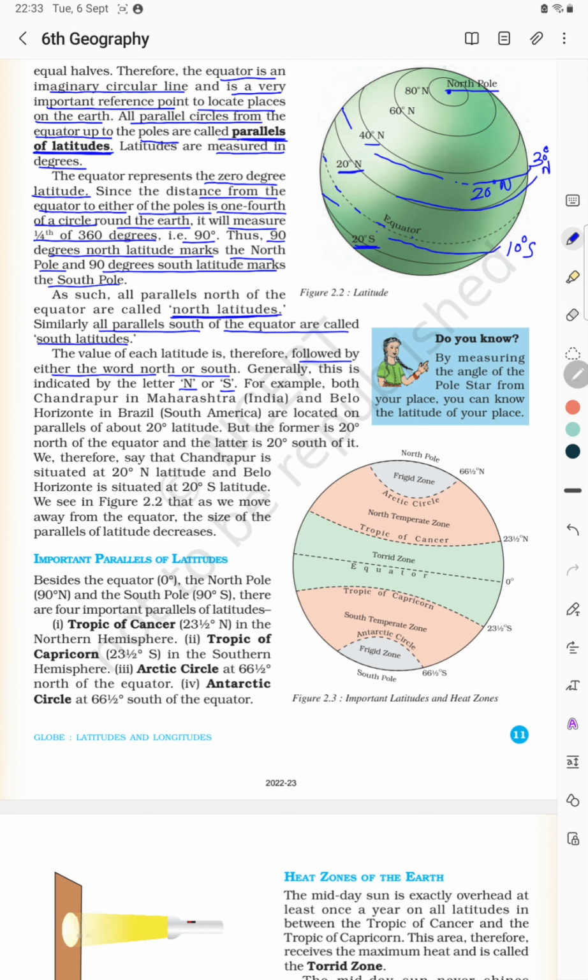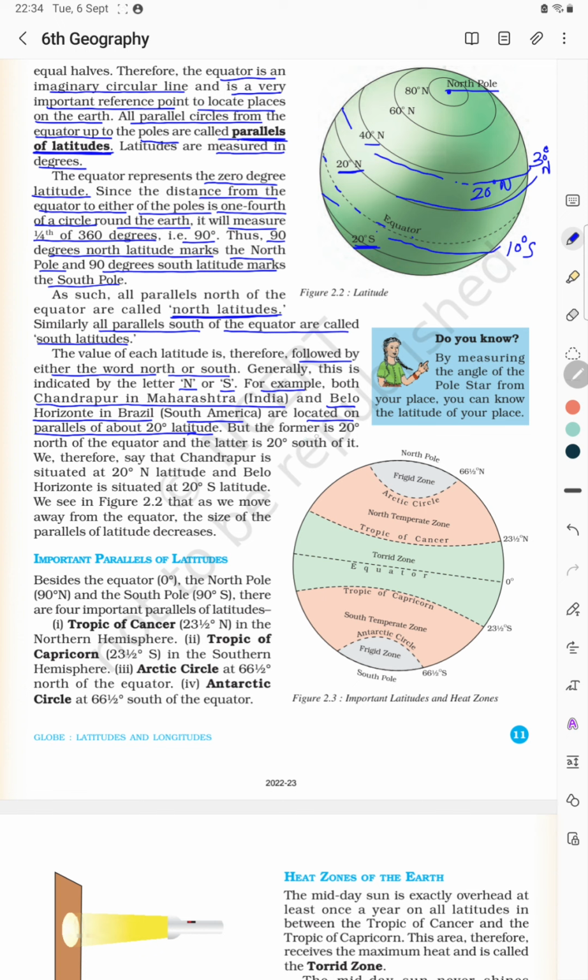Similarly, 20 degrees south. For better clarity, the places Chandrapur in Maharashtra and Belo Horizonte in Brazil, which is in South America, are both located on the parallel of 20 degrees latitude. Now if we only say it is located on the 20 degree latitude, we will not be able to tell whether it lies north or south of the equator unless it is suffixed by the letter north or south.